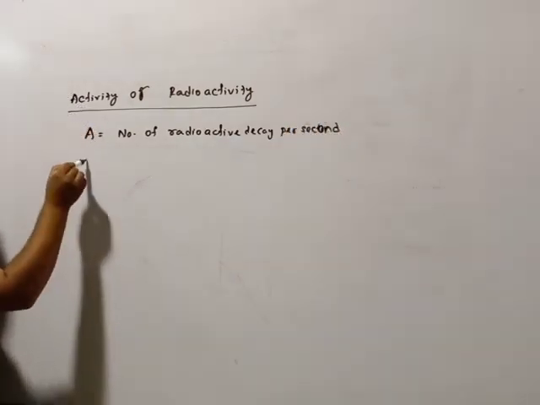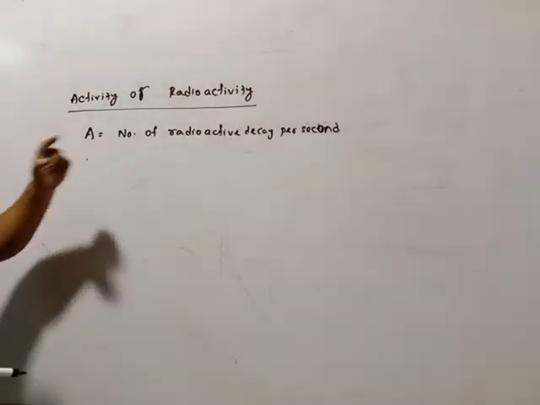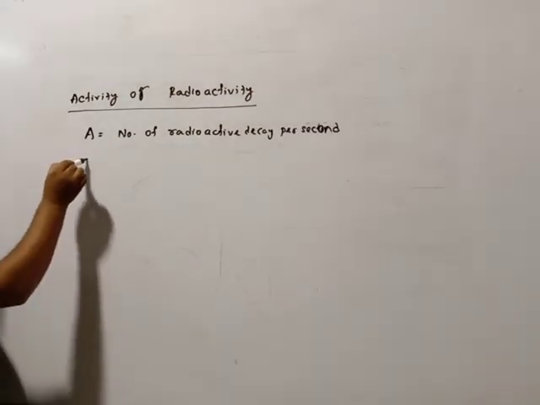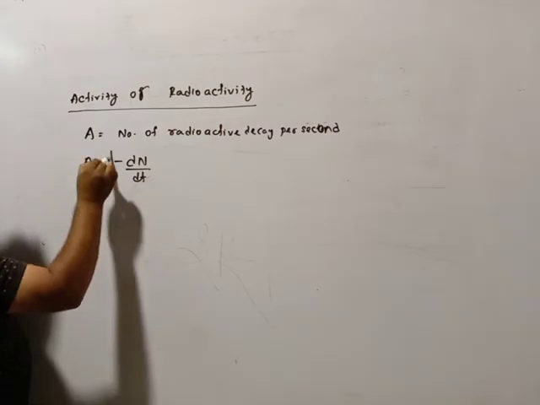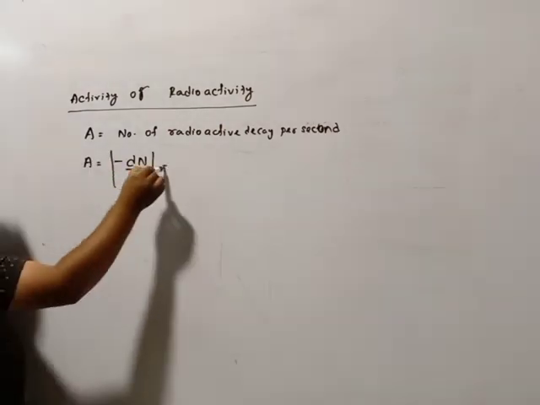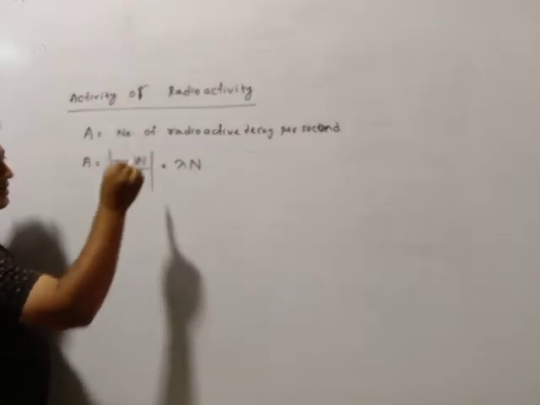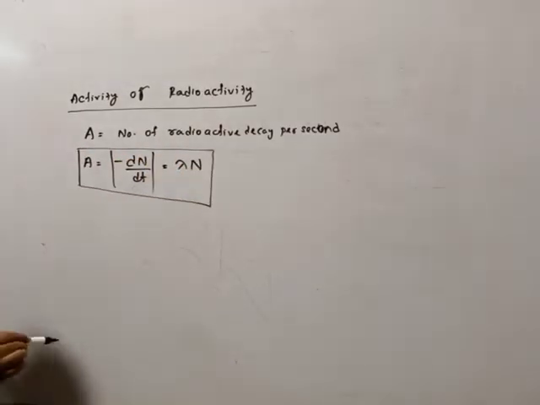We know that the rate of disintegration is minus dN by dt. So, A equal to mod of minus dN by dt, which is equal to lambda N. So, A equal to lambda N.